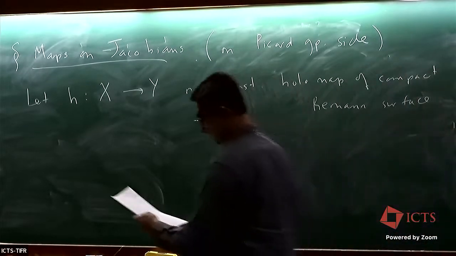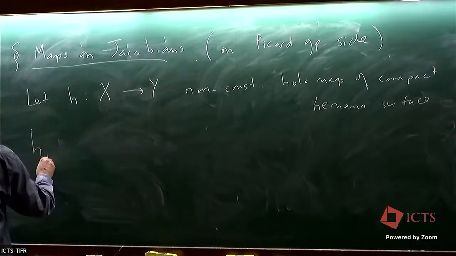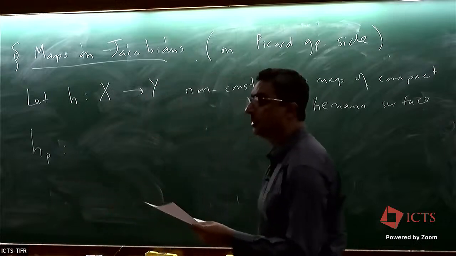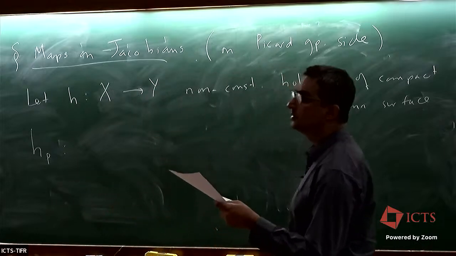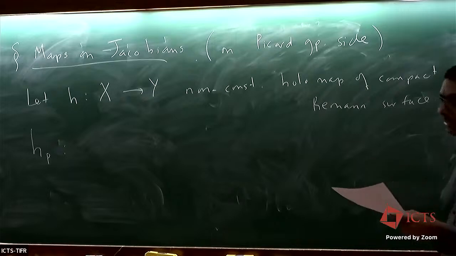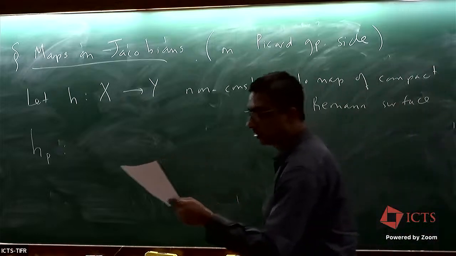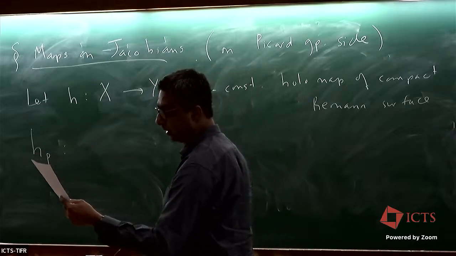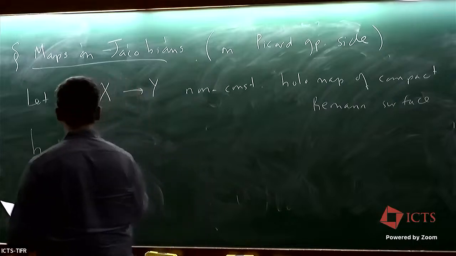So first of all, there's h lower P, P for Picard, and there's h upper P. Once you get good at this, you just drop that altogether and write h lower star and h upper star. These were some of the maps that already appeared in, for example, Samuel's lecture, maybe in Jan's, I'm not sure. They were certainly there all the time. Okay, so what is this h upper P?